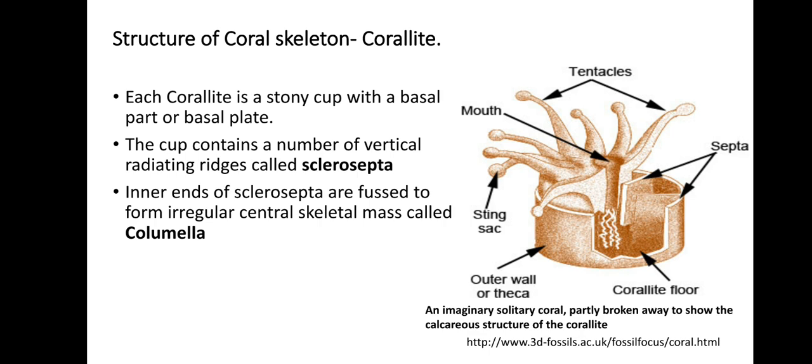And this cup is not simple. Most of the time it shows cross walls radiating from outside to inside, called sclerosepta. These sclerosepta fuse with the central irregular mass, called the columella.